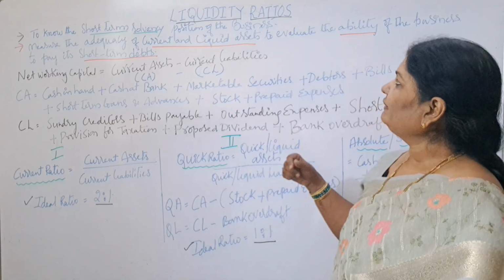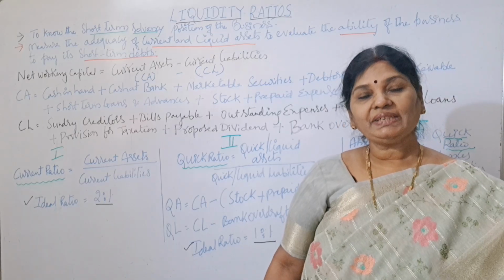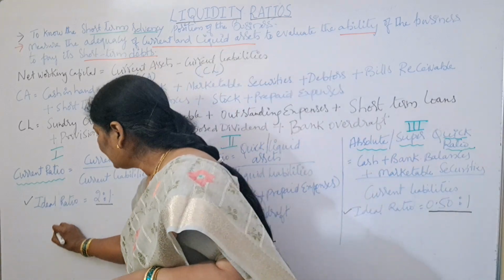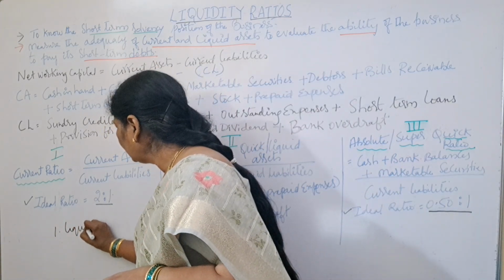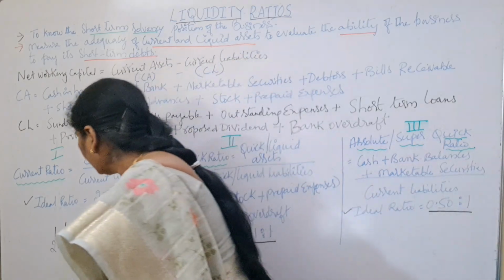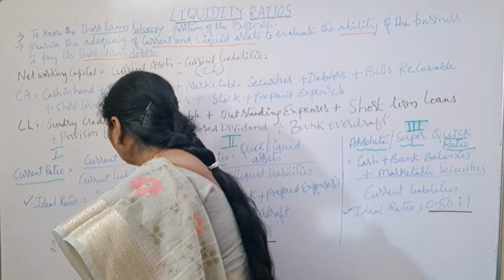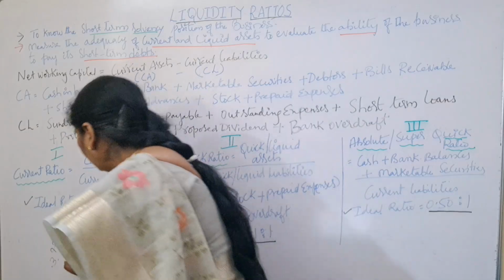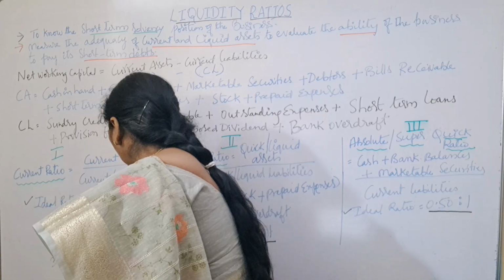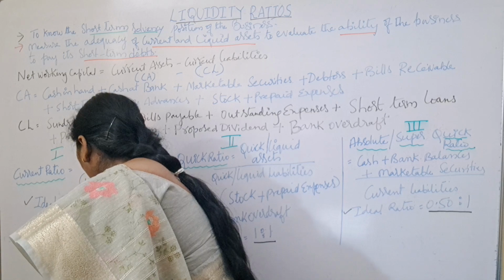Today our topic is liquidity ratios. Before going to the topic, I would like to mention the various financial ratios. First one is liquidity ratios, second is profitability ratios, third one is activity ratios, and fourth one is solvency ratios.